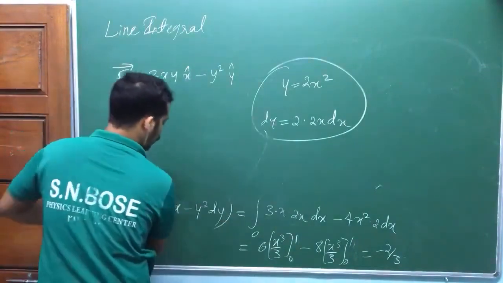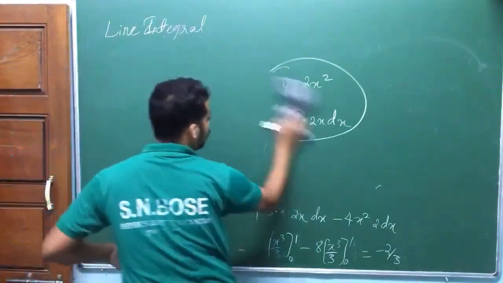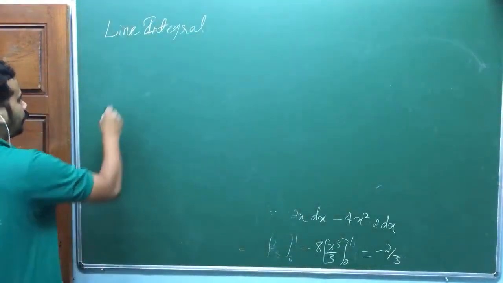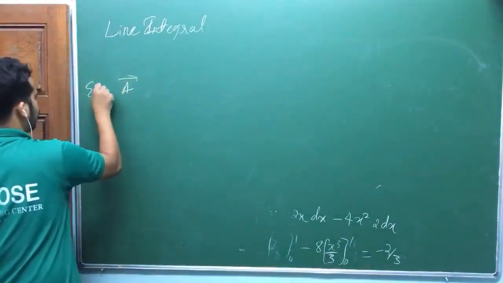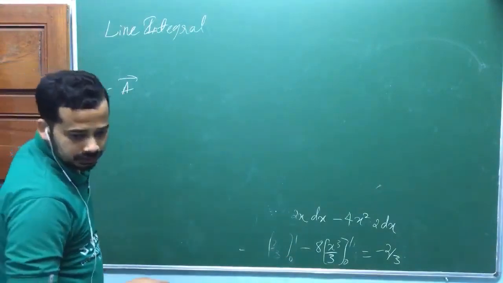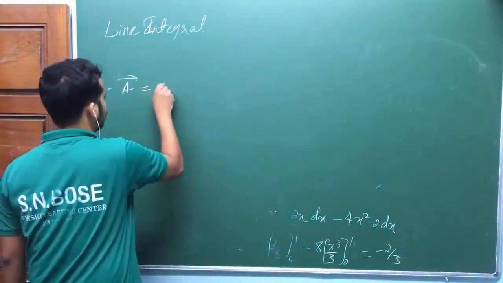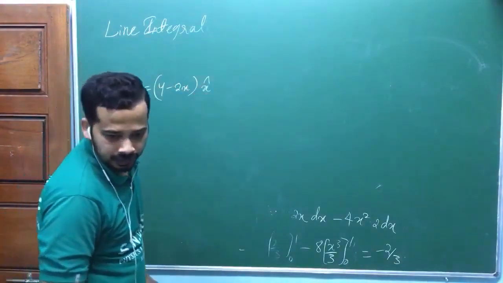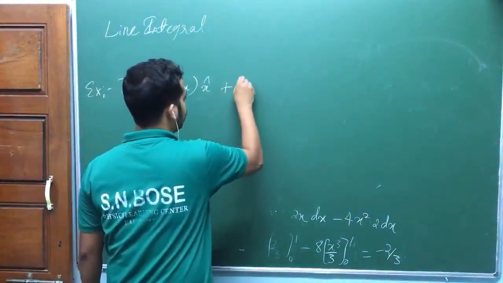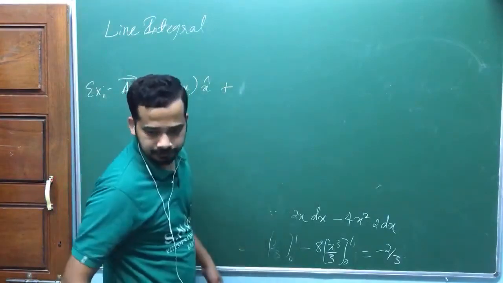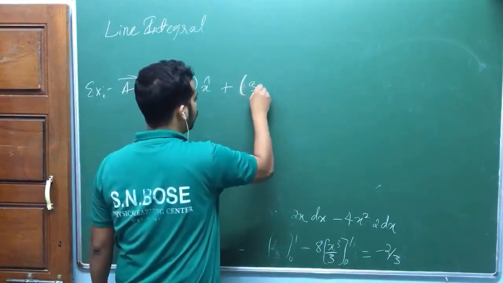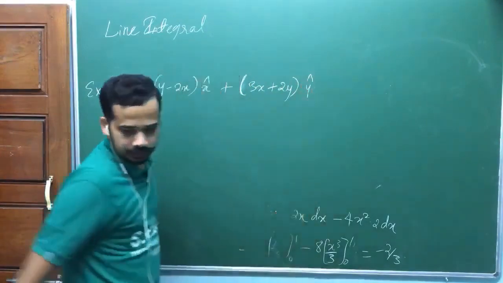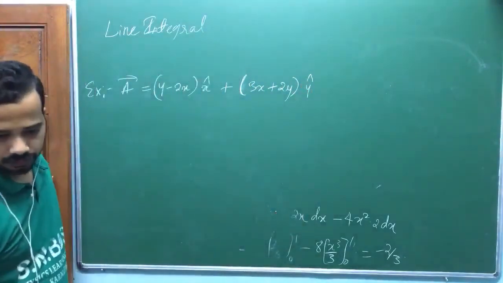Let me give one more question here. So try it out after the class. I have a vector field A, y minus 2x into x cap plus 3x plus 2y into y cap.